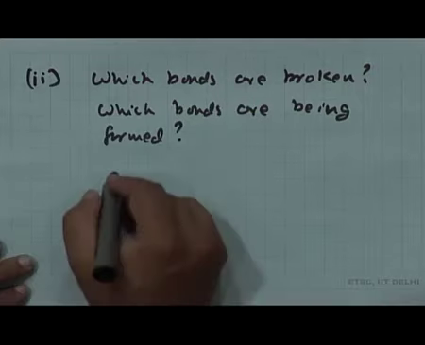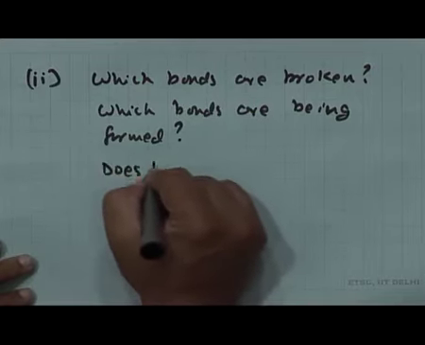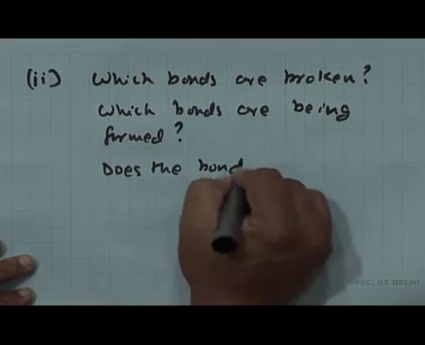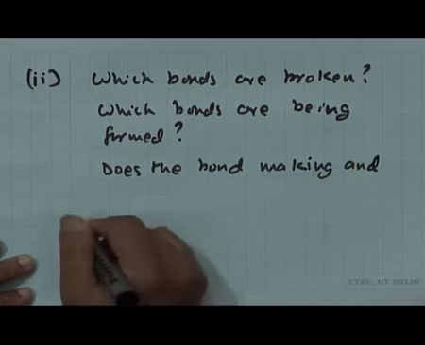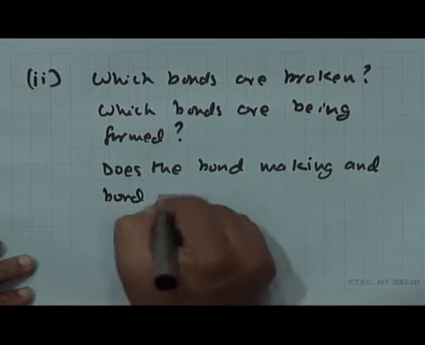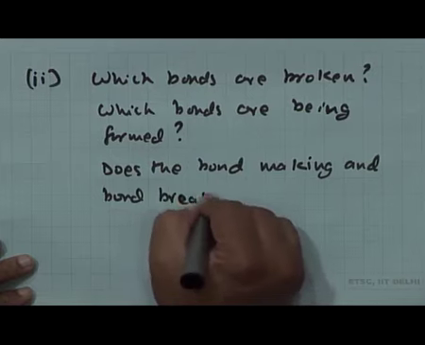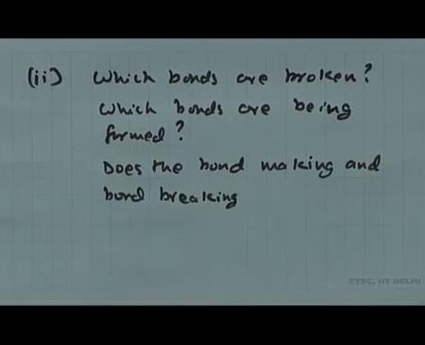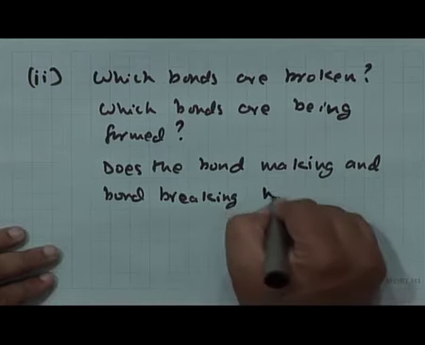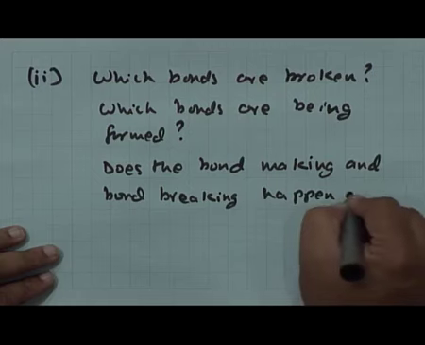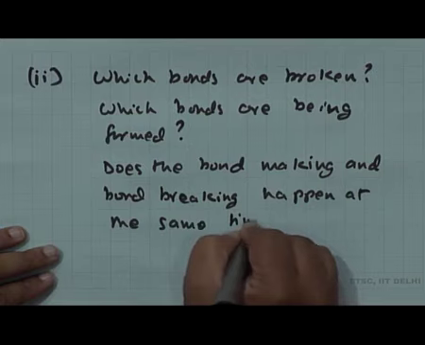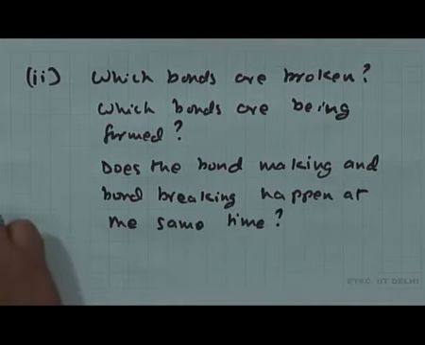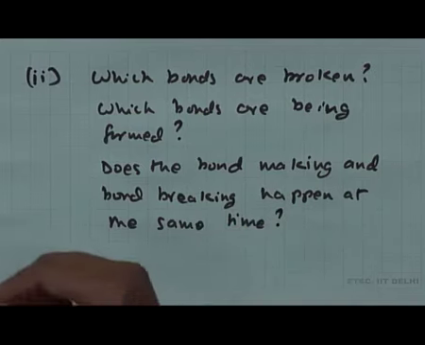Not only that, does the bond making, that means bond formation, and bond breaking happen at the same time? So, again, in one question you are asking too many things.